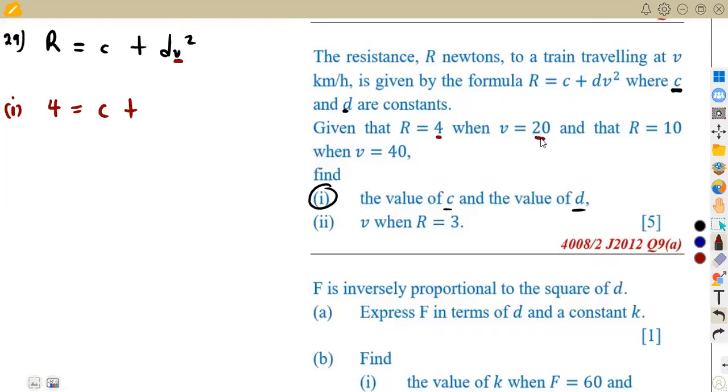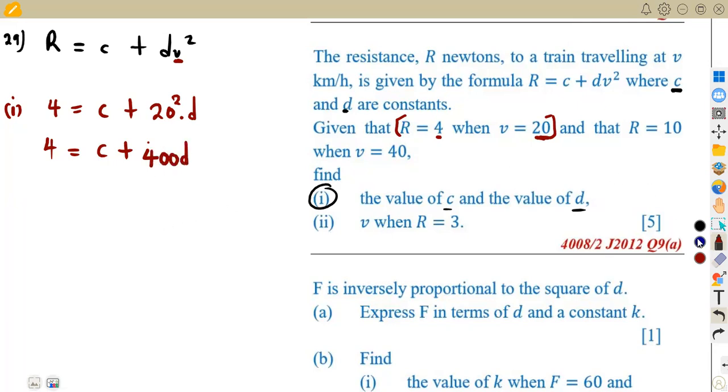V at that moment is 20, so it's going to be 20 squared times D, because this is V squared. 20 squared is 20 times 20, which is 400. So 4 is equal to C plus 400 times D.